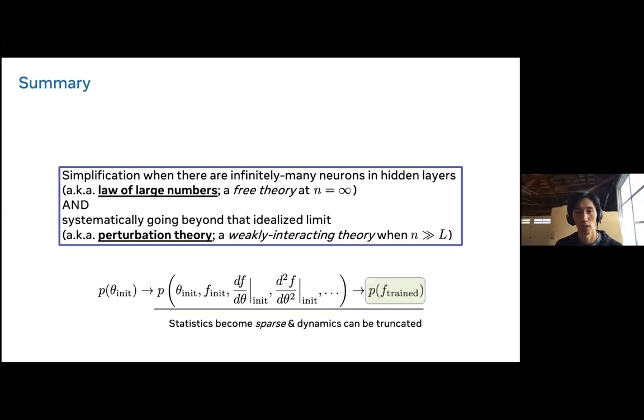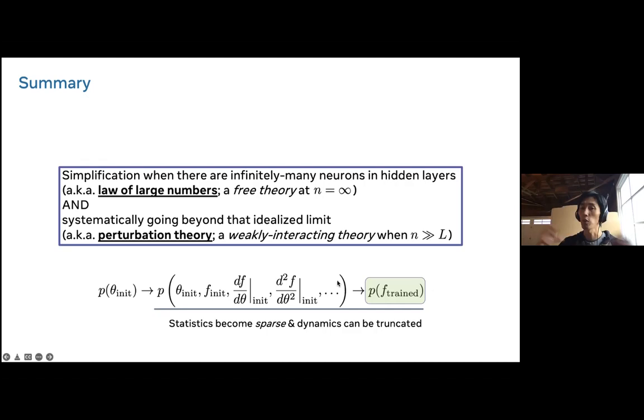And okay, so the main message, I repeat, is a simplification. There's simplification when there are infinitely many neurons and infinite layers: you get the Gaussian theory, which you can know and love. But then it's not real, so you step back to perturbation theory, a weakly interacting theory. And one more thing: the reason I said it's sparse is that when you take the infinite width limit, you have only this function and the NTK, which is the composite of this, and then you add finite width, but at 1/n level you have only 3 things.